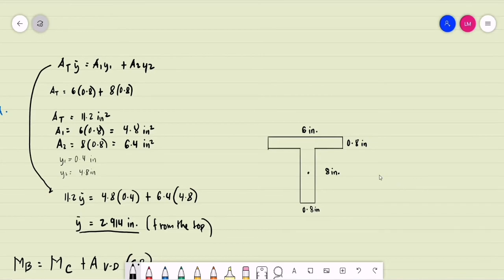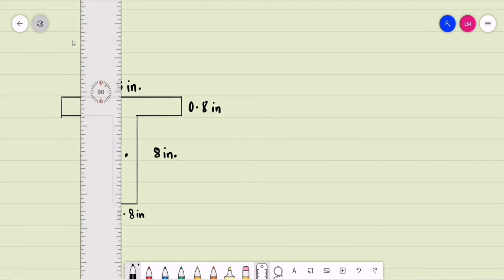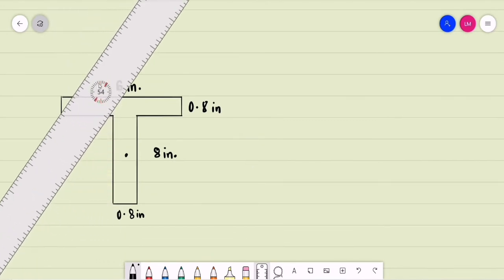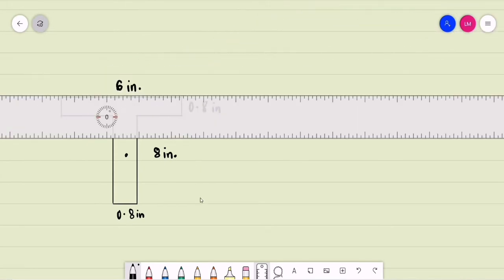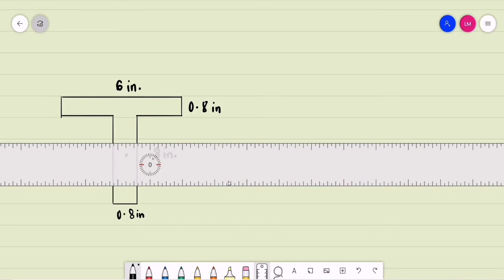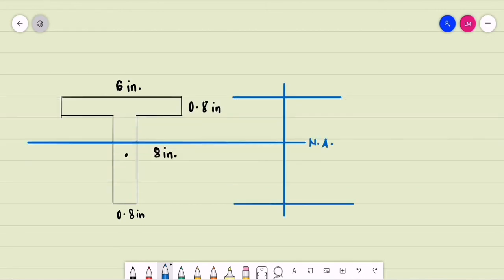So if we are to locate that, initially we have that as bar y, equal to 2.914 inches from the top of the beam.